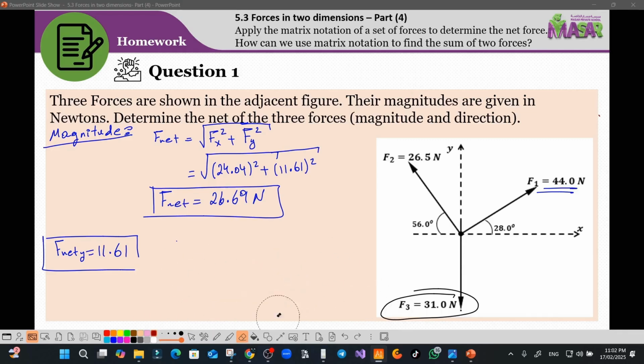Now, after we've found the magnitude of the Fnet, let's find the direction.